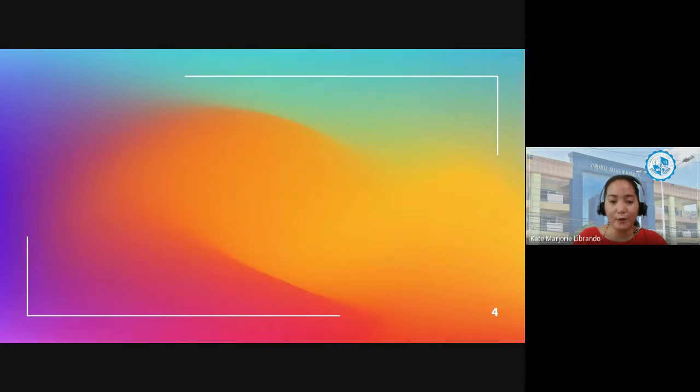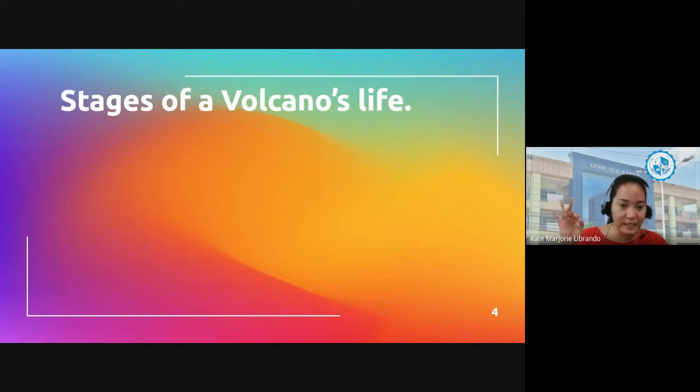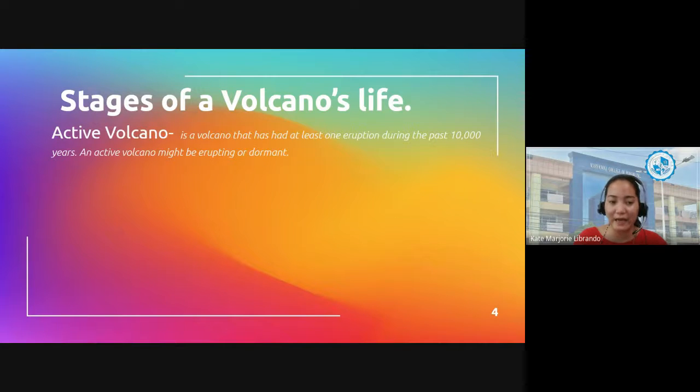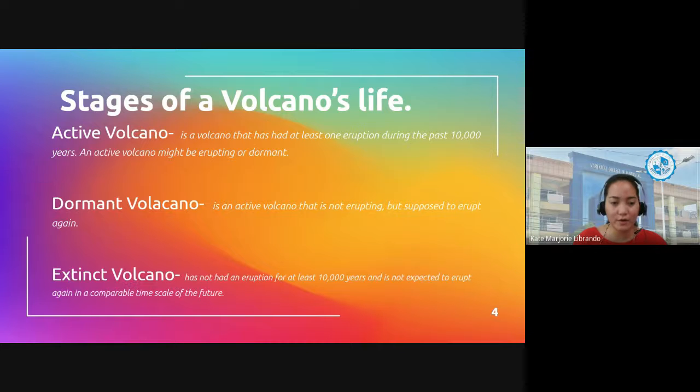Now there are three stages of a volcano's life. We have first the active volcano, second the dormant volcano, and third the extinct volcano. An active volcano is a volcano that has had at least one eruption during the past 10,000 years, and an active volcano might be erupting or dormant.